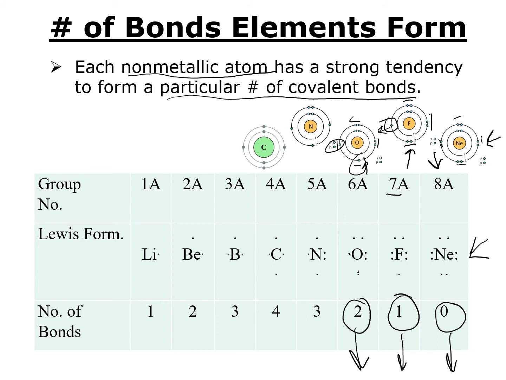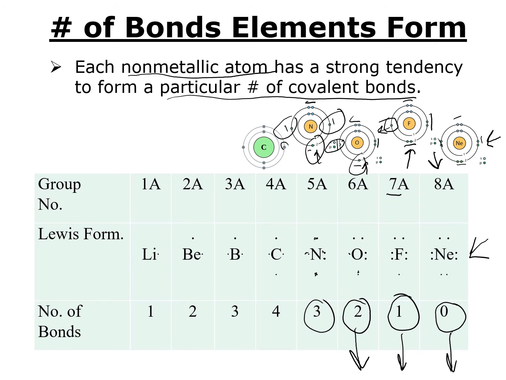In column 5, they have 5 valence electrons. So I have a picture of nitrogen up here, and again we have 2 electrons at the top, but on the other sides we only have 1. So nitrogen has the potential to share with 3 other atoms and form 3 covalent bonds. Carbon is the last nonmetal we'll be looking at here.